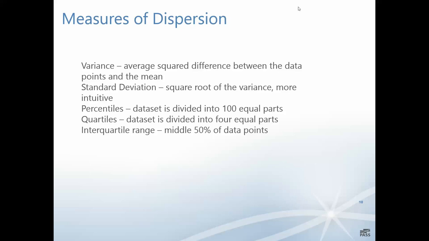We are also interested in other measures of dispersion. So we have the variance, which is the average squared difference between the data points and the mean. Now the variance is actually expressed as a square, and that doesn't make sense to a lot of people. So what we talk about instead is a standard deviation, which is the square root of the variance, and it's more intuitive.